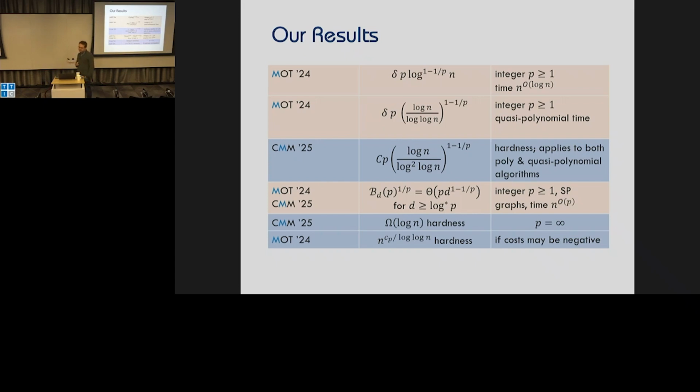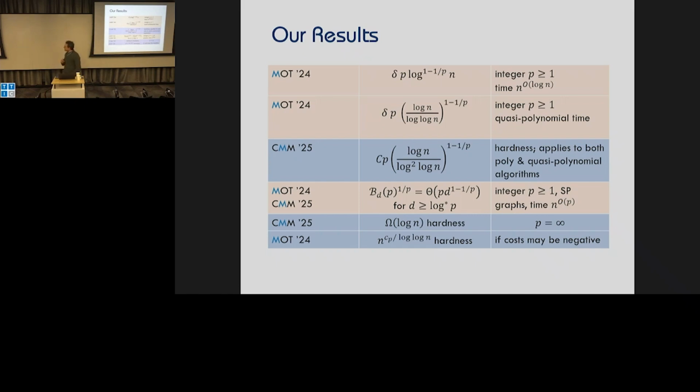So if you want p equals infinity, you really should think of p equals log n. But in this hardness result, p is fixed. We also have something when p is not fixed.